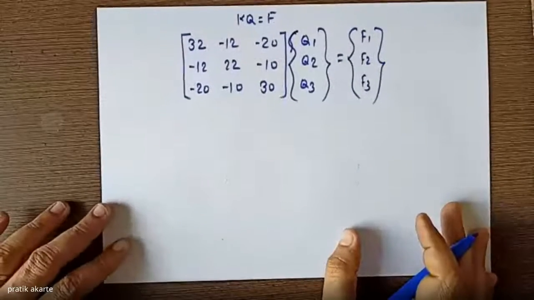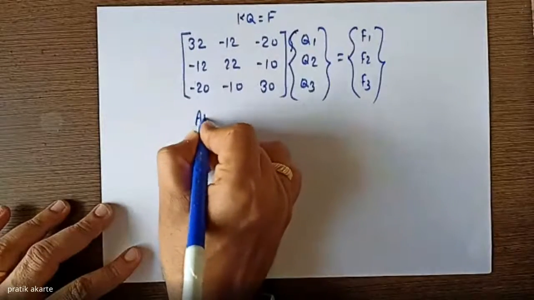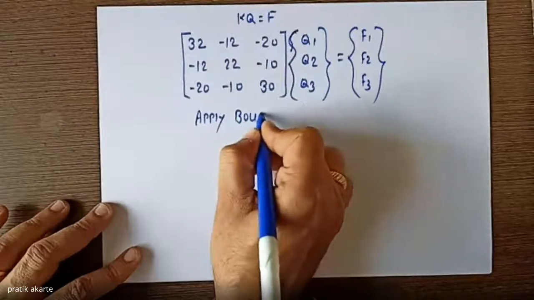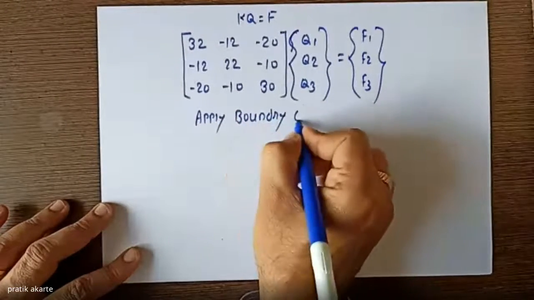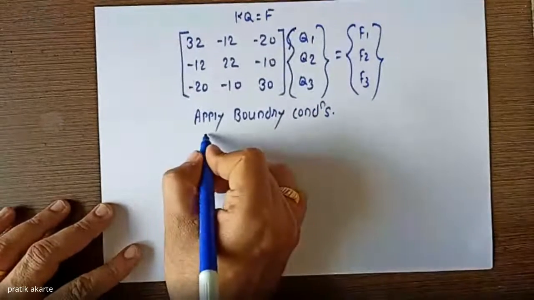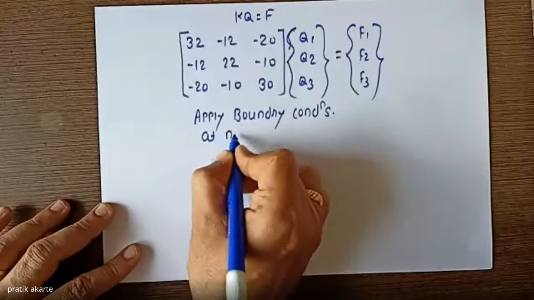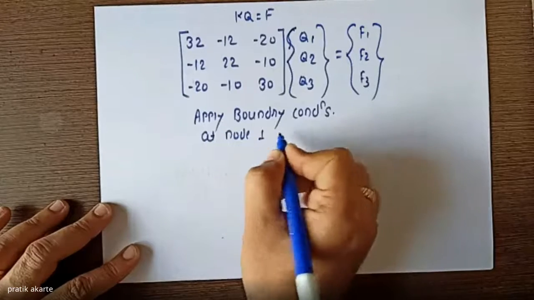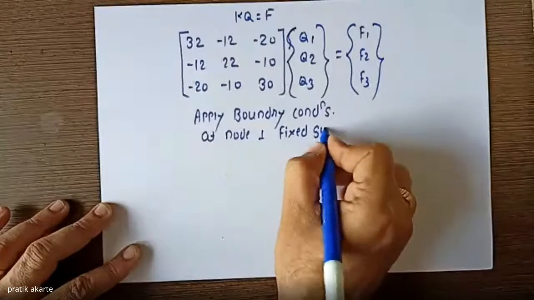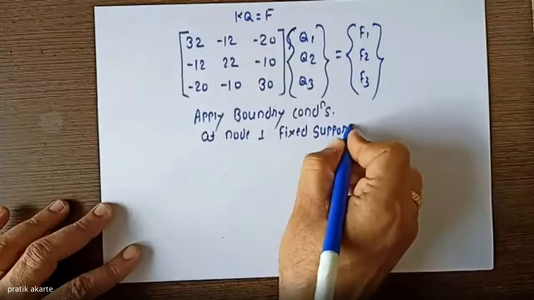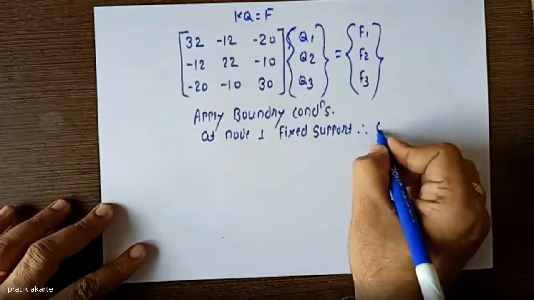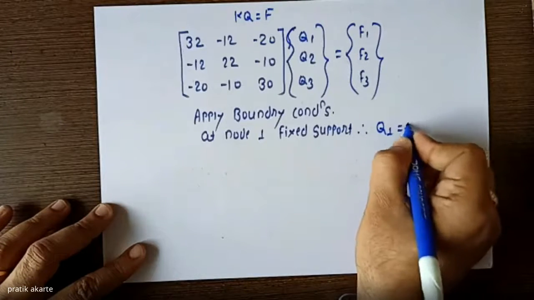Now we have to apply the boundary conditions. Boundary conditions means the information which is known to us. Now what we know, at node 1 there is a fixed support, or node 1 or plate 1 is fixed. That's why Q1 is equal to 0.